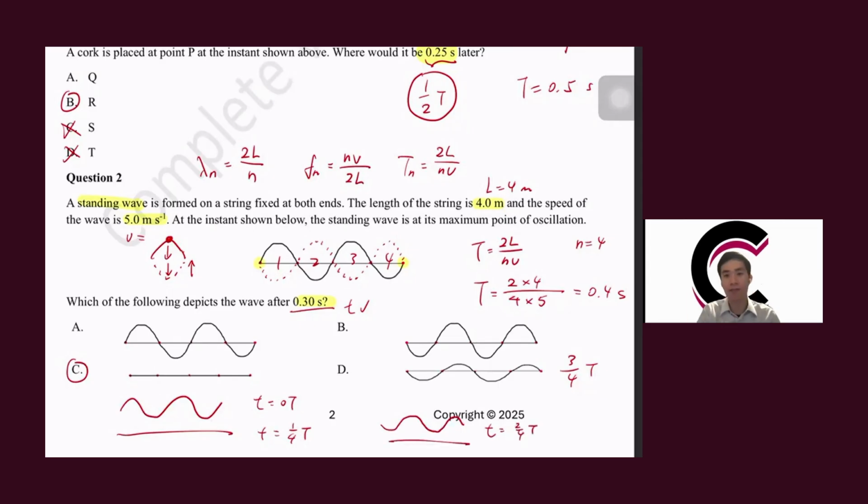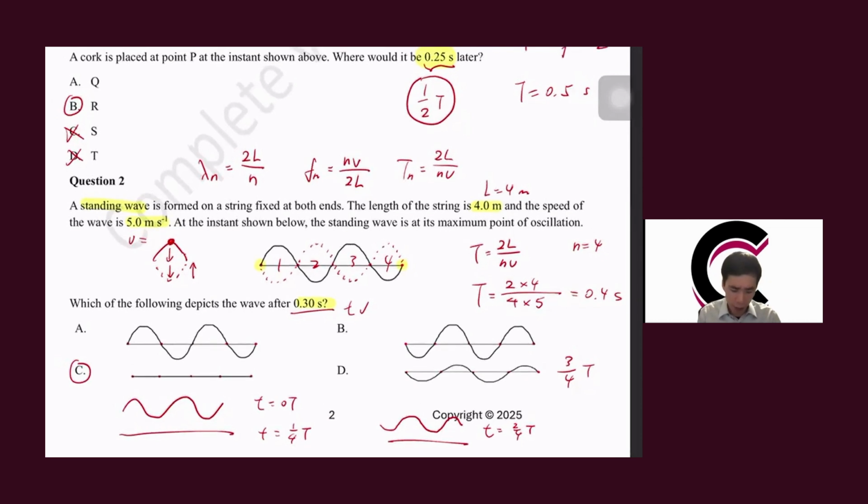And then 3 out of 4 is just like a flat line. So therefore we have a diagram that looks like C. It's sort of like still at that instant, but in fact the wave is moving. It's a standing wave. The better way to put it is all the particles are at the equilibrium position at that point. So that's question 2, C.